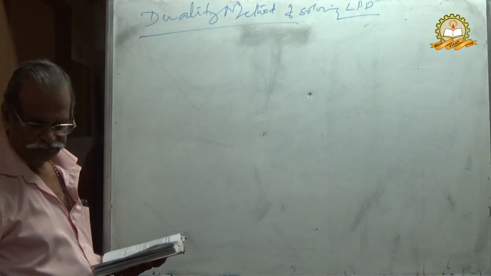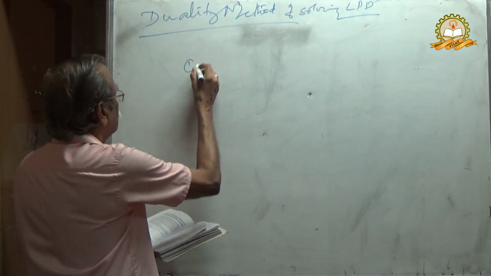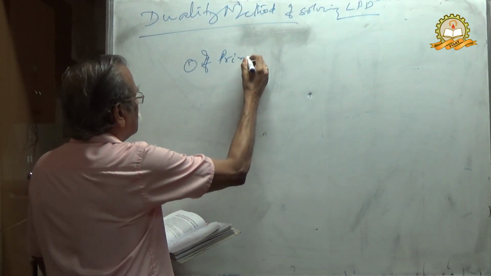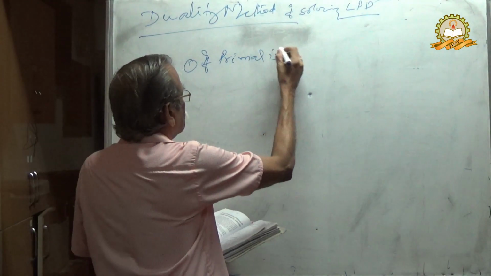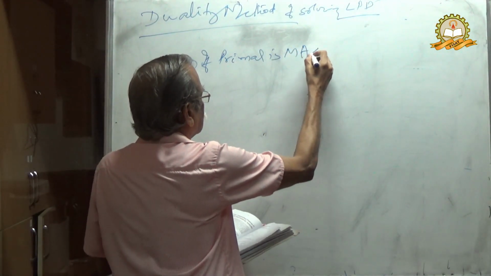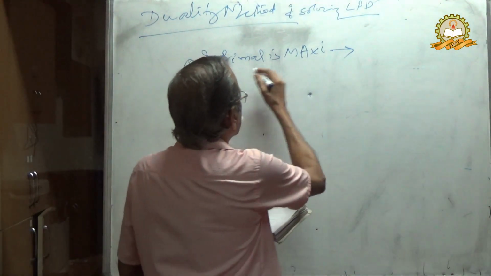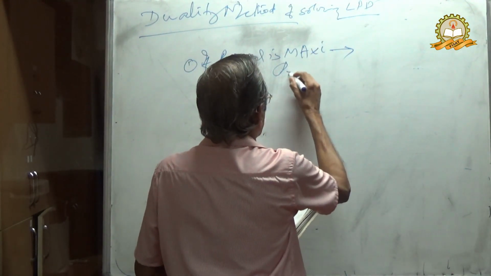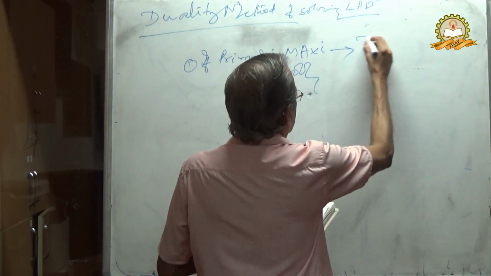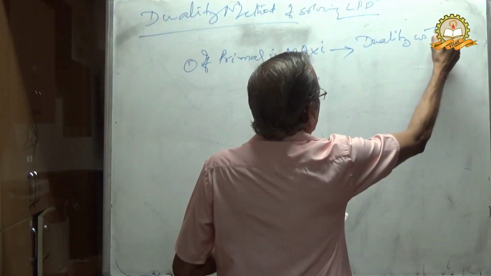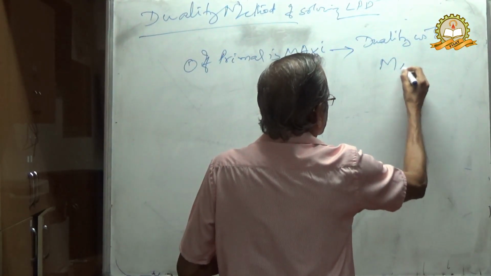Condition 1: if the primal is a maximization problem, then the dual will be minimization.